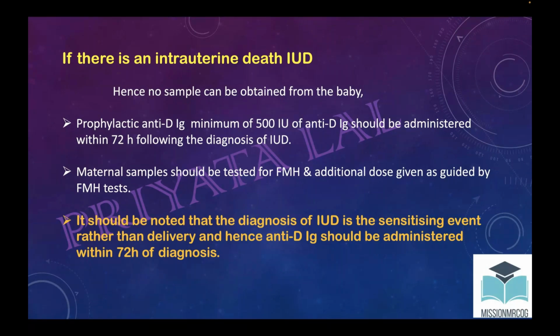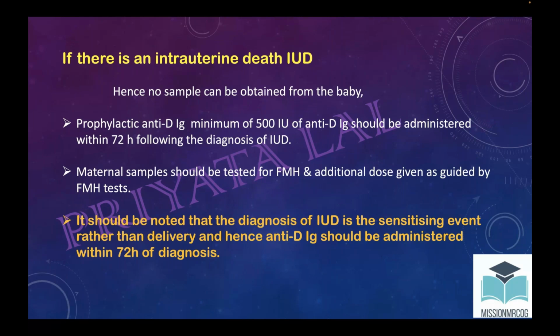And once the delivery is done, the maternal sample will also be taken for FMH. If the FMH test shows that fetal blood cells are still there, then an additional dose can be given. And once the patient is delivered, whatever prophylaxis is due after delivery will be given.